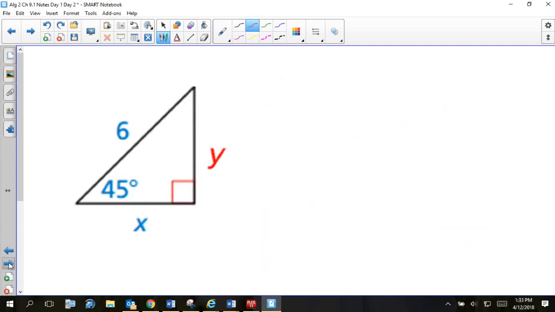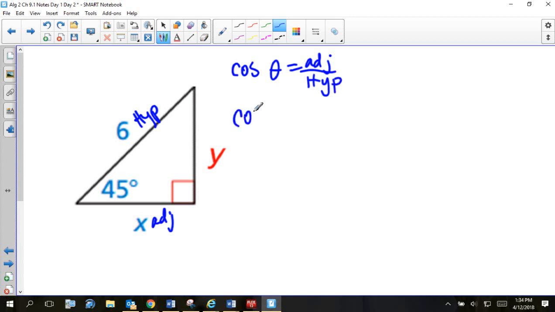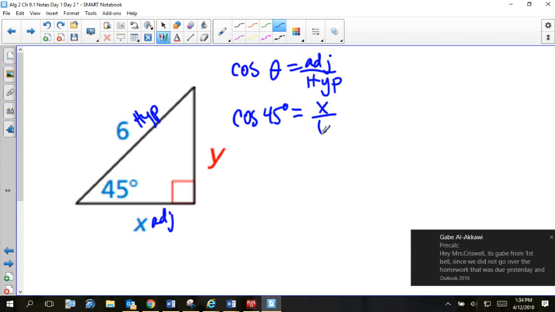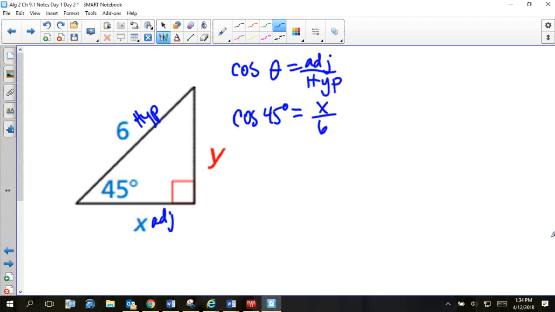Okay, and then this one, we will do the, what is this, adjacent, hypotenuse. Cosine theta is adjacent over hypotenuse. So cosine 45 equals x over 6.